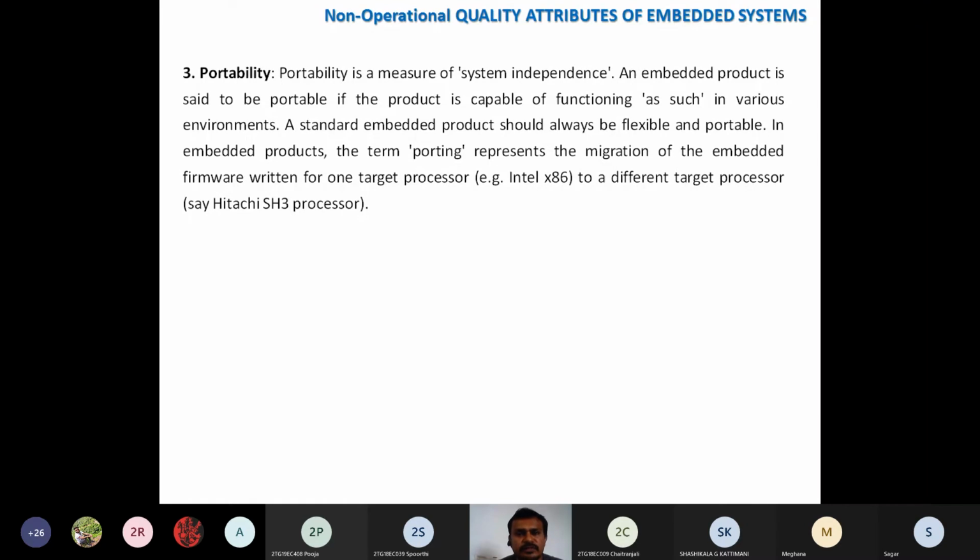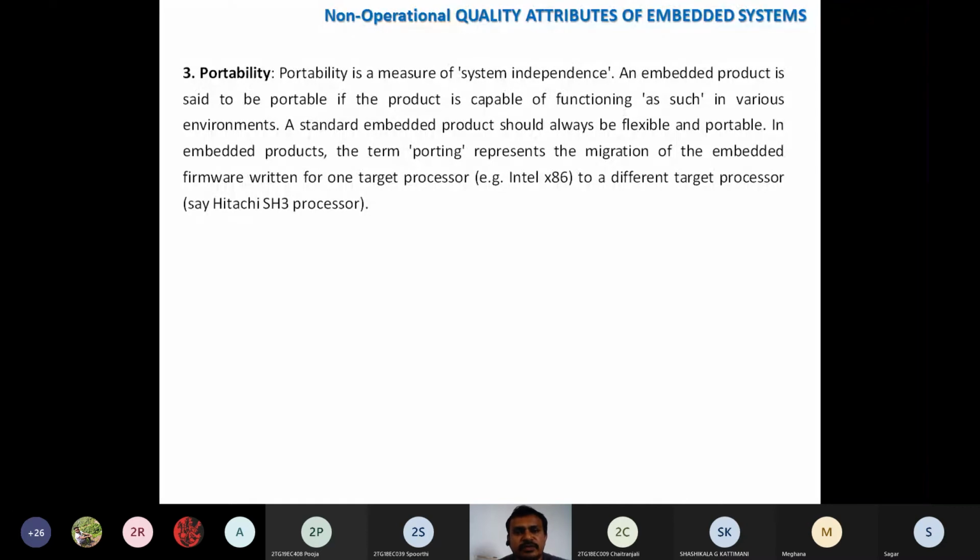So not only the hardware part, in the software part also. Whatever programs we have written in the C language while designing that software, if in future we want to replace that programming language from C to Java, obviously it must be supported by that device. Instead of a C language program we are using in the older embedded system, if I want to replace that C functioning environment with a Java functioning environment, obviously that environment will be supported by this embedded system.